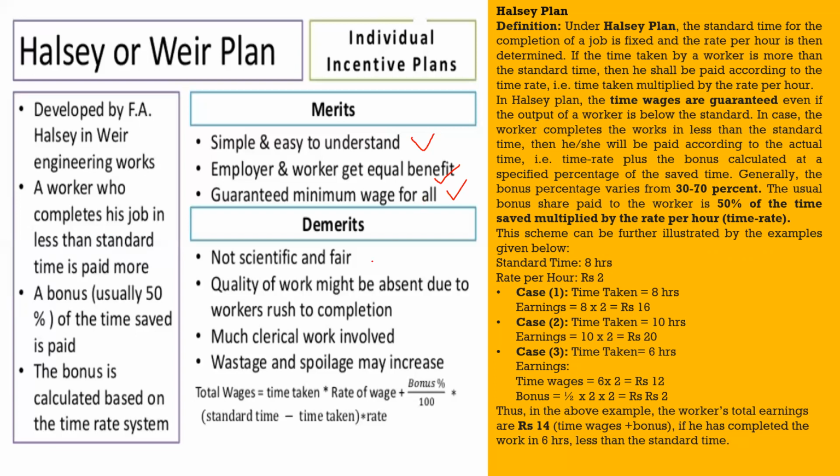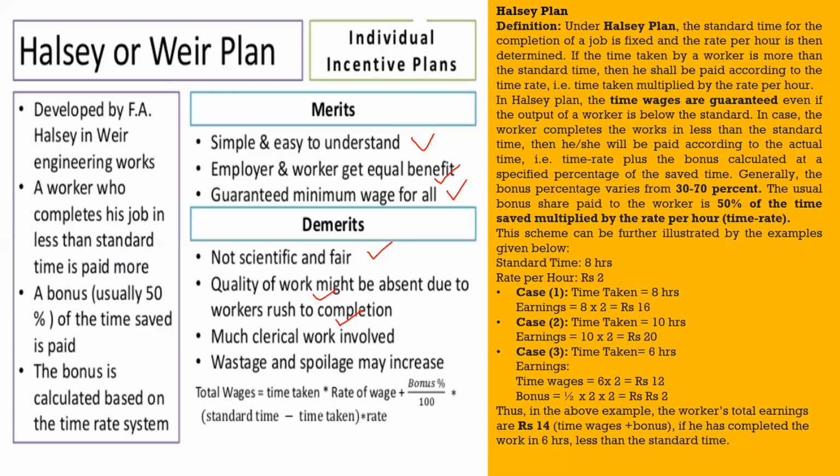The demerits: could be not scientific and fair. Sometimes it is not fair. Quality of work might be absent due to worker rush to completion. Yes, it happens. When you understand the difference between a piece rate system and a time rate system, you might have understood that usually in a piece rate system, people want to complete more output.